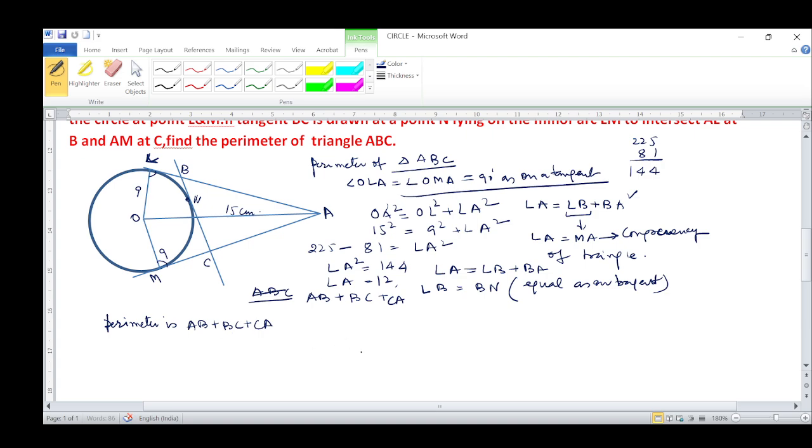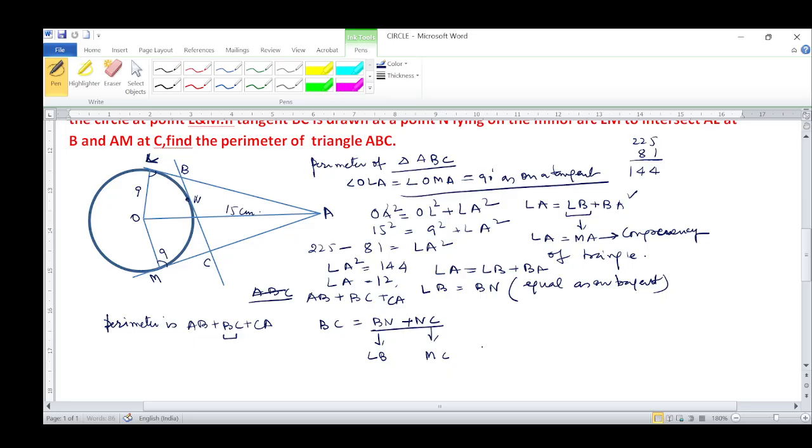Now BC, you can write BC is equal to BN plus NC. BN is equal to LB and NC is equal to MC.